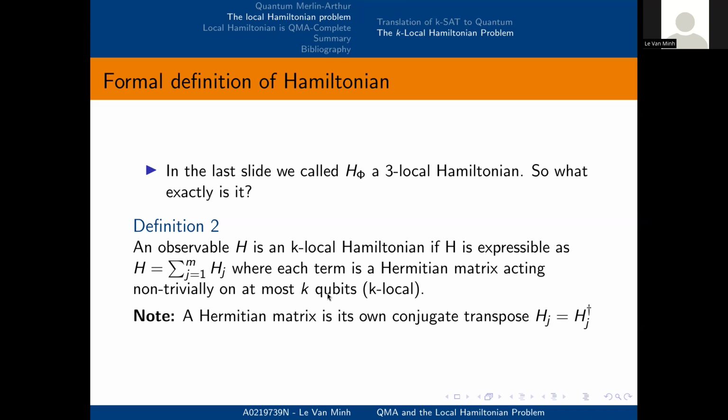That means its expected value, when measured on some state, only depends on k qubits. If you keep these k qubits constant, whatever change you make to the other qubits does not affect the expected value of the whole state. A bit of reminder: a Hermitian matrix is a matrix equal to its conjugate transpose, Hj equal to Hj dagger.